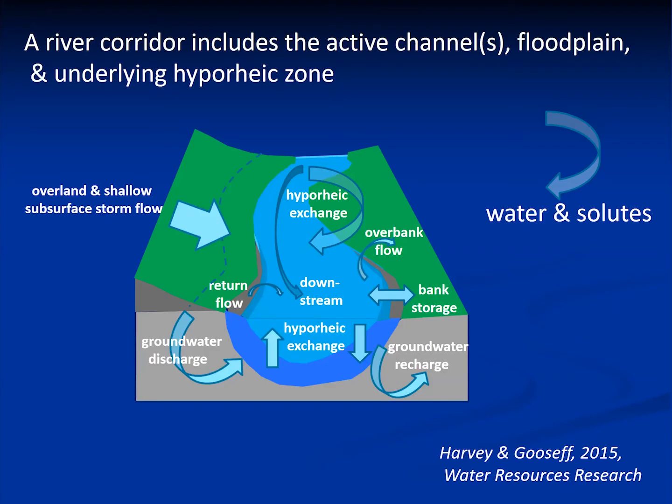So this illustration from a paper by Harvey and Gooseff that was published a few years ago is meant to emphasize how strongly coupled the different components of the river corridor are, and really how artificial it is to separate them and not think of them interacting.